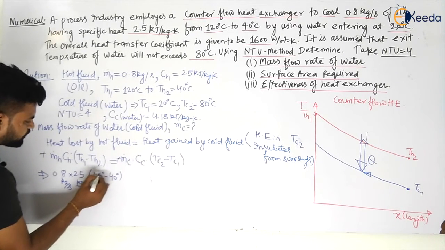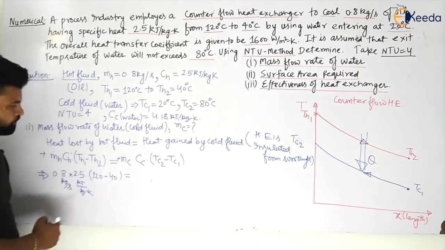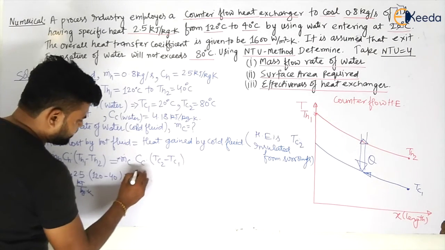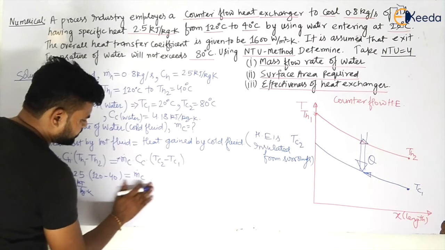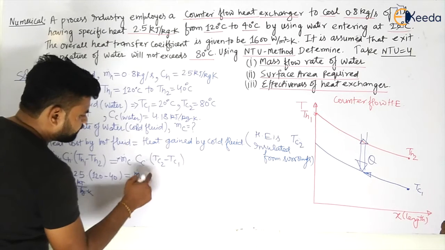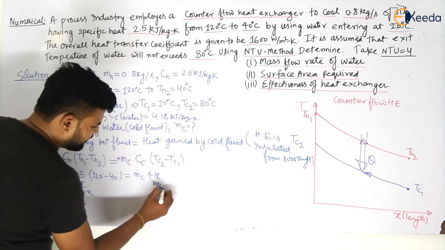That is a very simple question, my dear students. This is equal to m dot c, which we have to calculate; we will see in which unit it comes out, multiplied by Cc, which is 4.18 kilojoule per kg Kelvin.